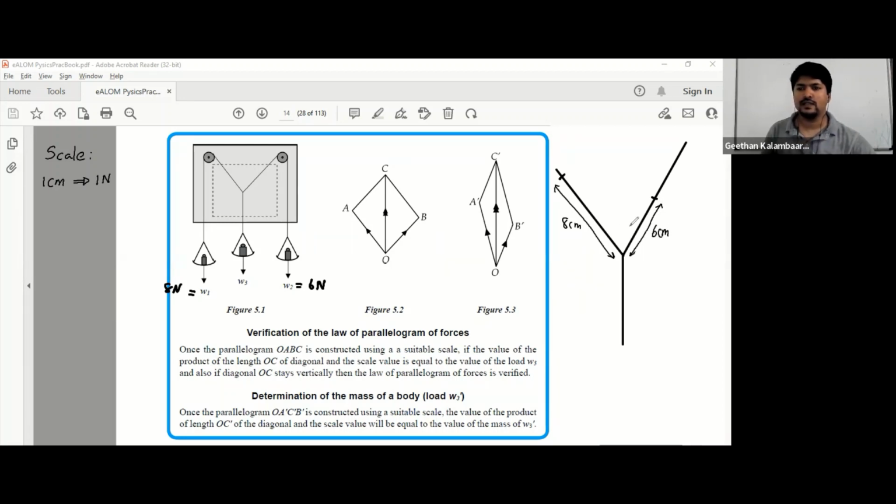Now what you can do is draw the parallelogram. You draw a line parallel to this line here. Let's make sure that it's parallel.